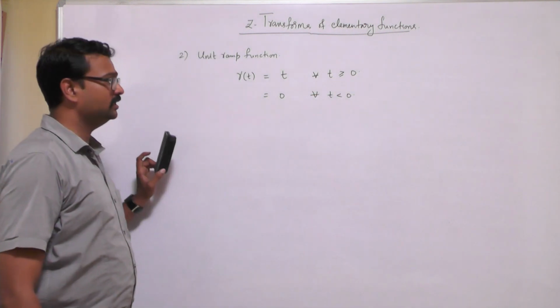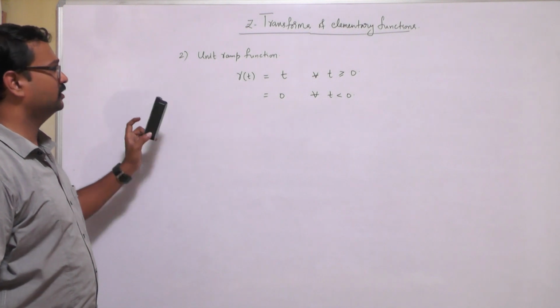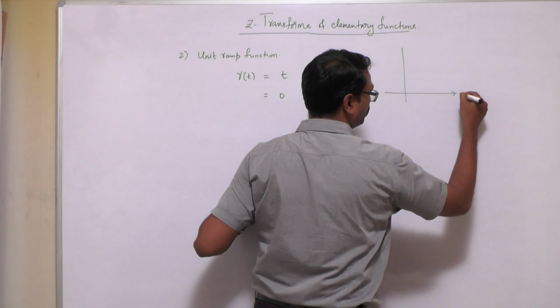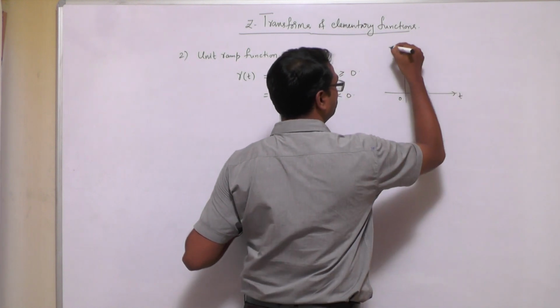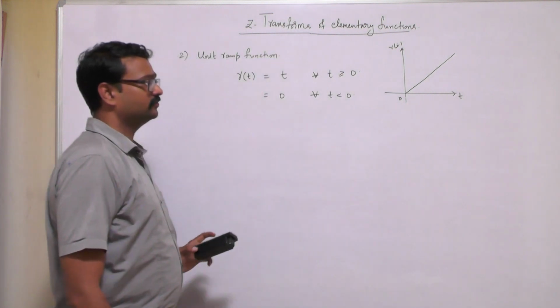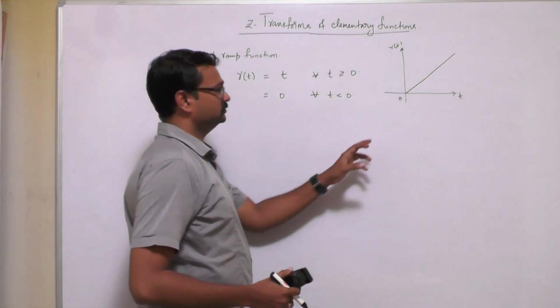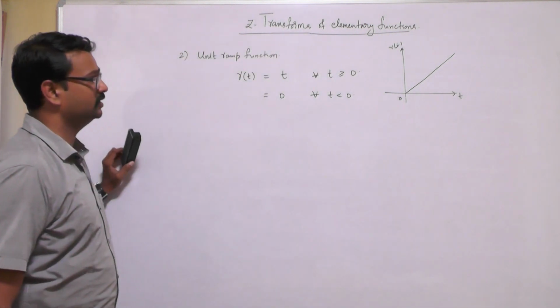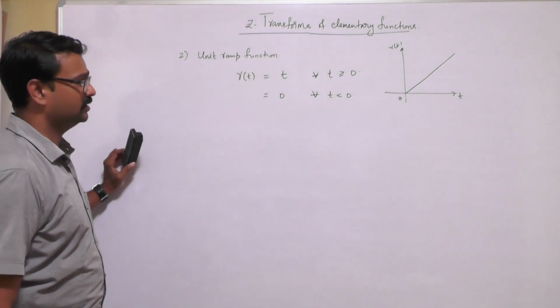Since we are going for only one-sided z transform, the ramp function starts from 0, and from above 0 it has the value of t. R of t is equal to t for all t greater than or equal to 0.